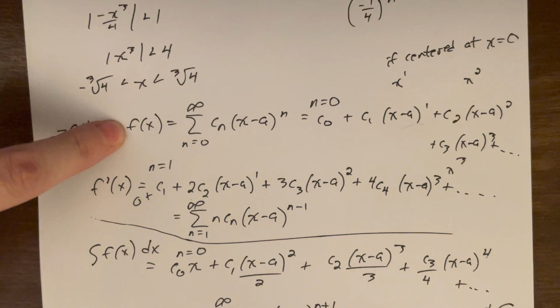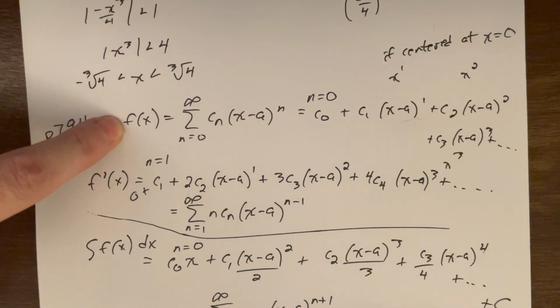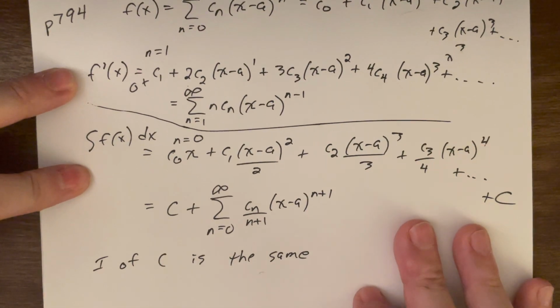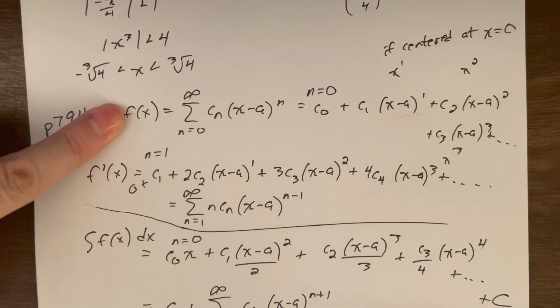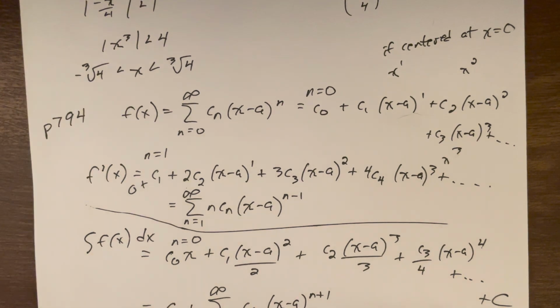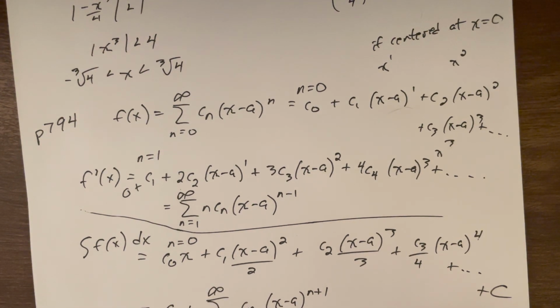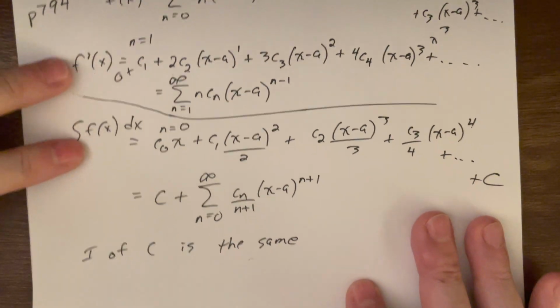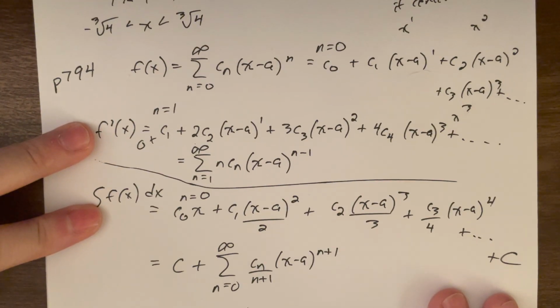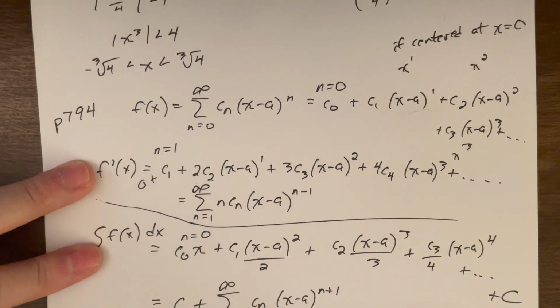If this converged for all x's, negative to positive infinity, well, then again, no endpoints to worry about. But for that third case, if this converged, say, from -2 to +2, well, we saw maybe it's parentheses on both the negative 2 and +2. Maybe one's a parenthesis, one's a bracket. Well, as we move to the derivative and antiderivative, we'd have to recheck those endpoints again.